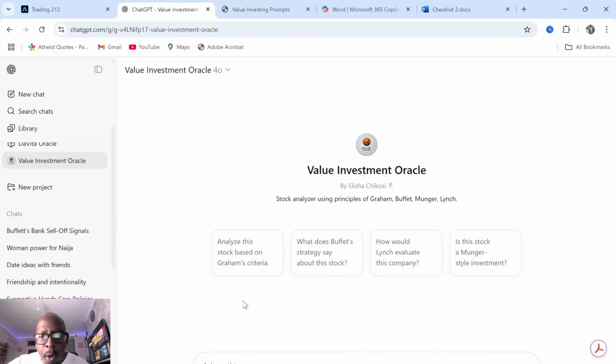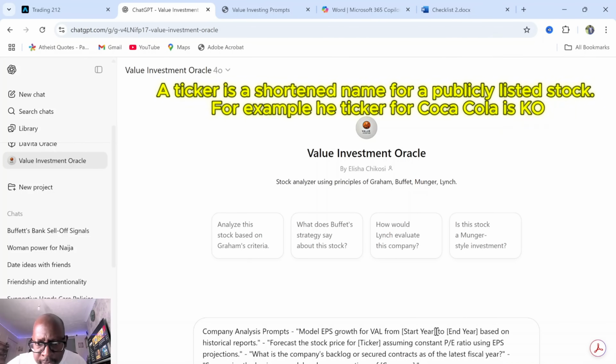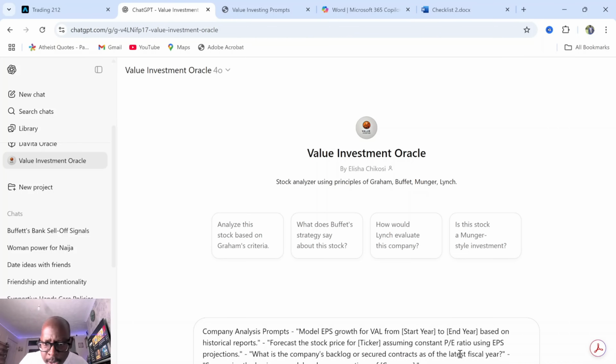So I've copied that prompt and pasted it here in the chat. Now, I want to analyze a company that I've recently bought. It's called Valaris. So the ticker is VAL. I want it to analyze from 2020, and then I want the analysis to go into 2030, and then I want it to forecast the stock price for the same company.